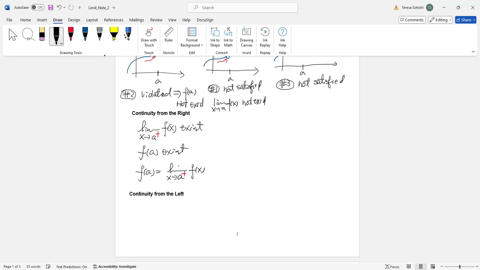So be careful here. I know if f of x is continuous at x equal to a, then obviously f of x is going to be continuous from the right.